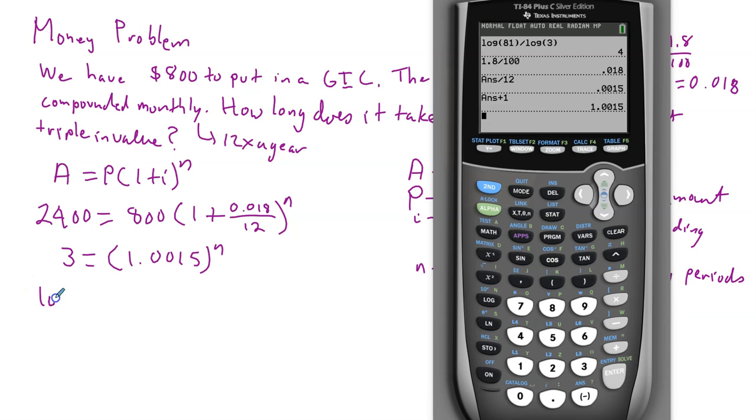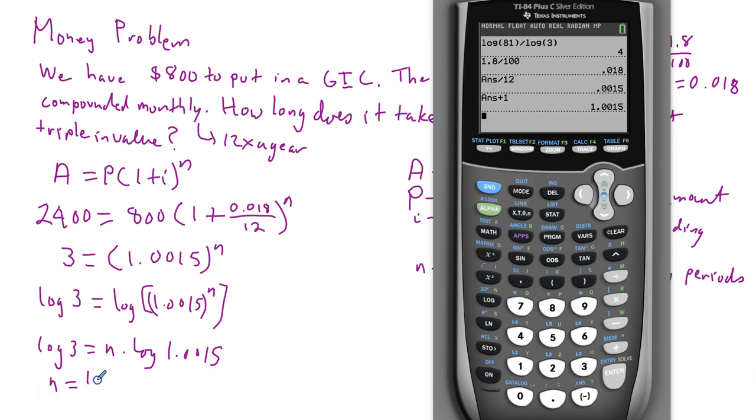I could take the log of both sides. So log 3 is log 1.0015 to the n. And then the power law of logs allows me, so I go log 3 is n times the log of 1.0015.